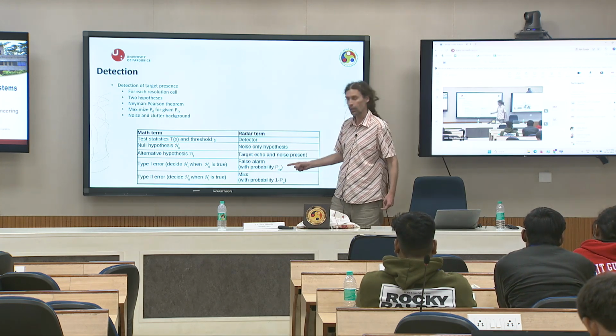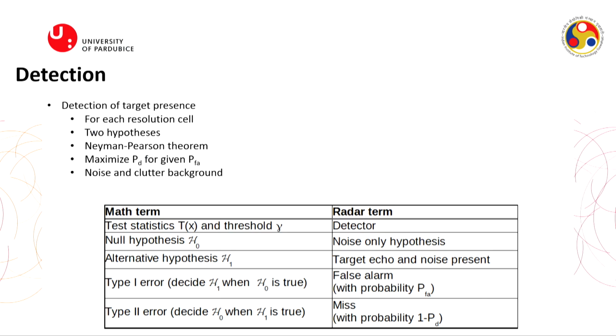So it is probability of false alarm because I decide, okay, there is a target, but it is not true. And there I say there is only noise, but there is a target. So somebody can tell me, okay, if I don't want to miss anything, I will set probability of false alarm very low, because then I will detect almost everything.